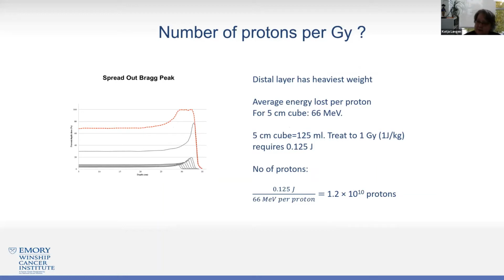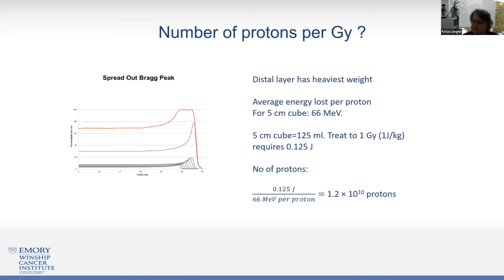If I know the cube, I know the mass of the cube. Then I can very roughly estimate the number of protons that I need. I know the mass of the cube, so I know how many joules I need.